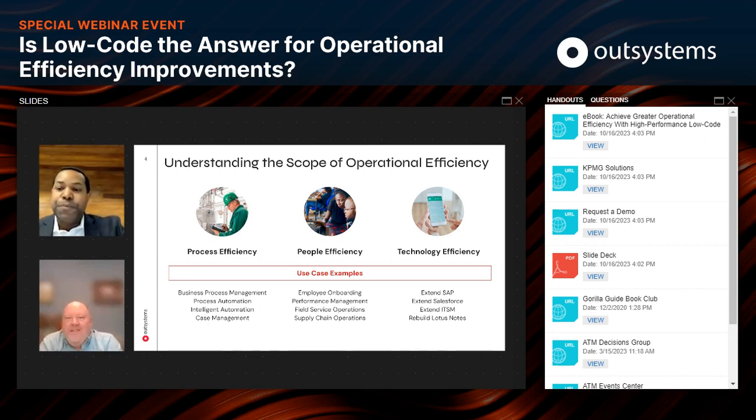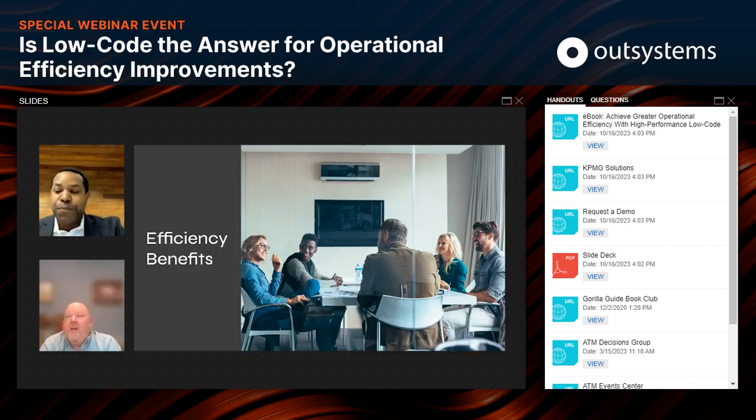Thanks, Mike. Those are some great insights. When you look at the primary benefits that your customers are seeing from their efforts, where do those typically fall? What are the benefits they're actually realizing from some of the operational efficiency initiatives they're undertaking? Yeah, so I think number one, and certainly in today's economy, it's around cost savings.